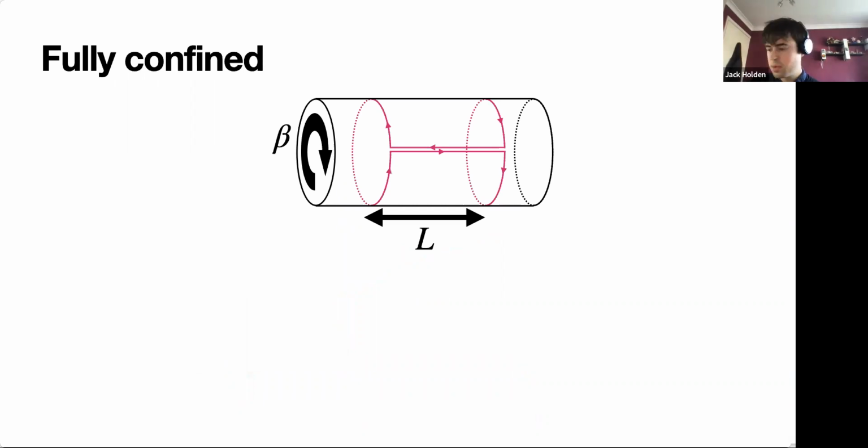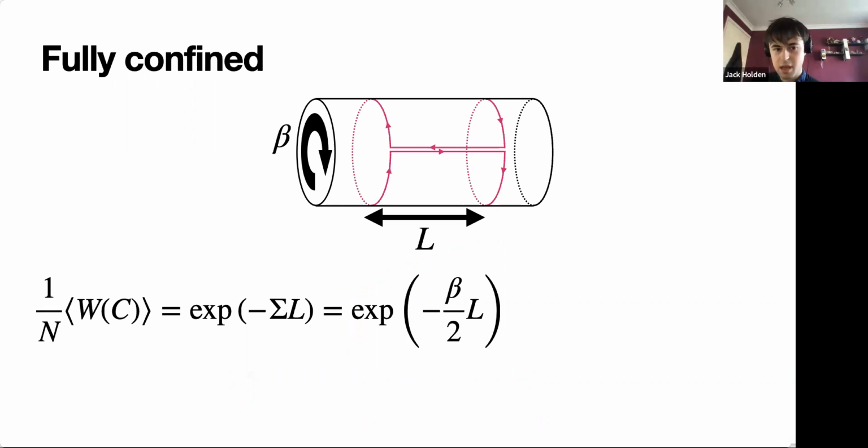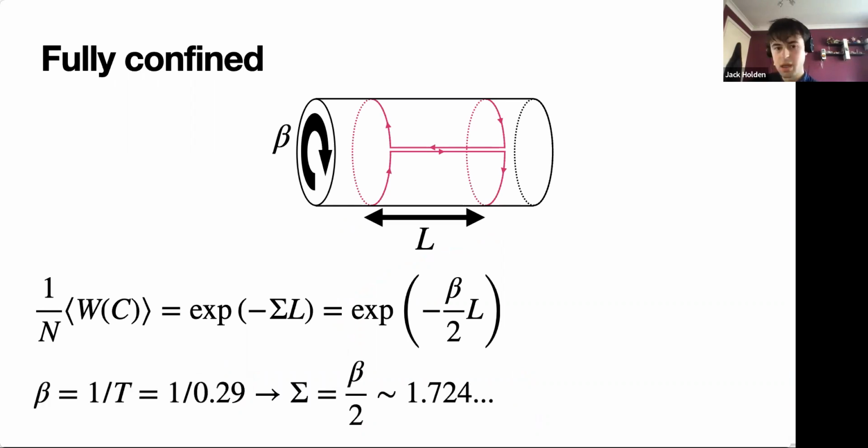So let's start with what we know, which is the fully confined case, where the Polyakov loop correlator should measure the potential between quarks. Because we're at large N, we have an analytic solution for this, and we find this parameter, which is related to sigma, which is related to the string tension, will be 1.724 in units of lattice spacing.